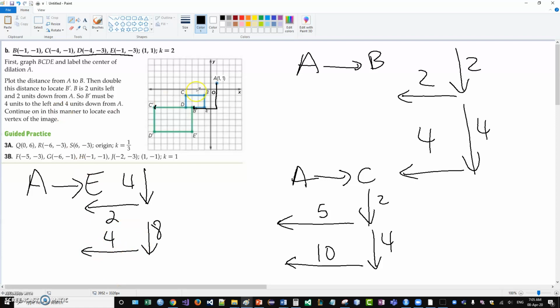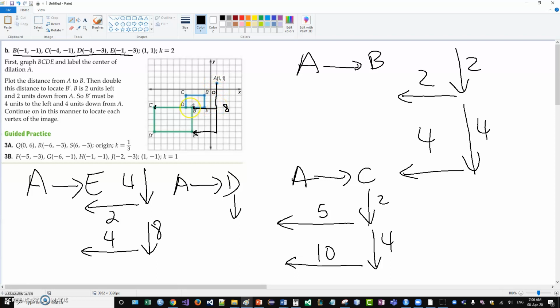So let's see. 1, 2, 3, 4, 5, 6, 7, 8. That's correct. Left 4. 1, 2, 3, 4. Okay. So down 4, left 2, down 8, left 4.